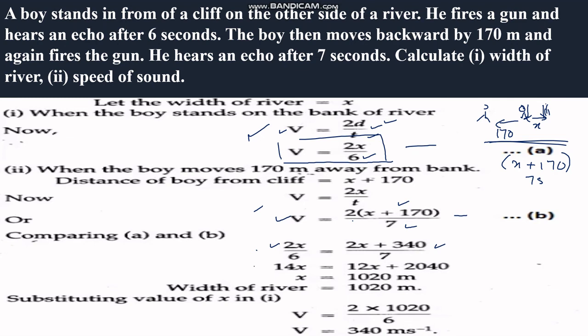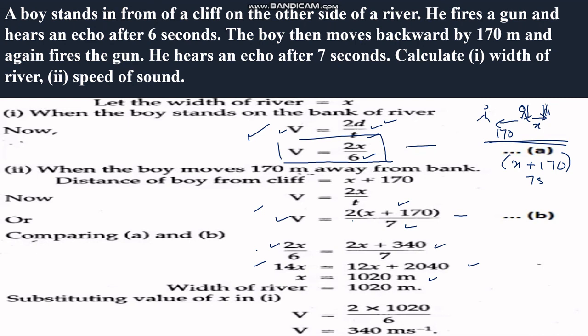Now you cross multiply, you get 14x is equal to 12x plus 2040, and from here you can calculate the value of x. So when you calculate the value of x, you have got the width of the river. And to calculate the velocity of the sound, you will substitute the value of x in this formula, V is equal to 2x upon 6.